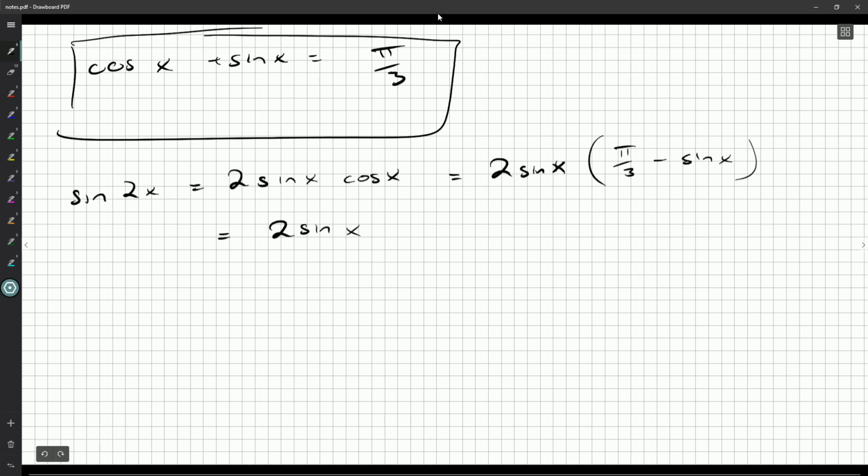So that's 2 pi/3 sine x minus 2 sine x sine squared x. I don't see that going anywhere in particular.